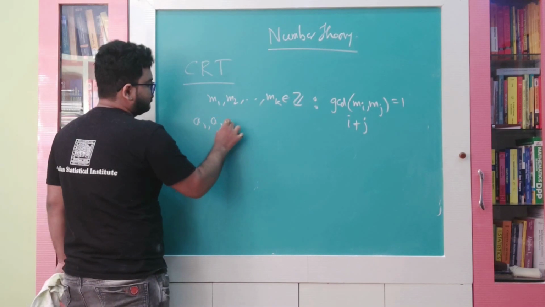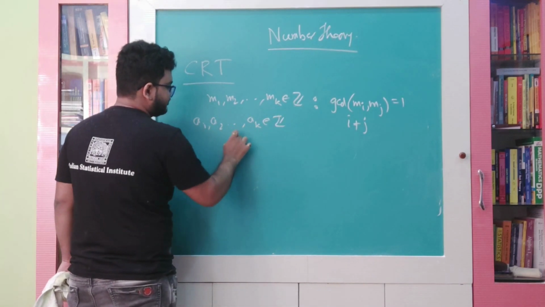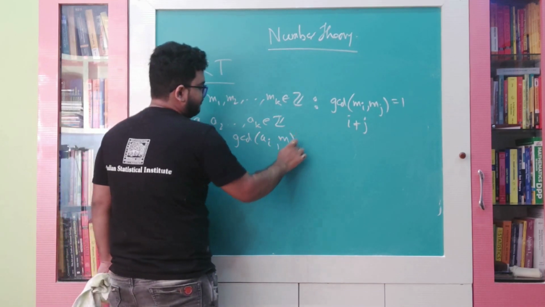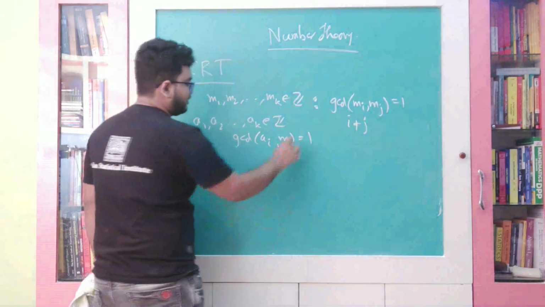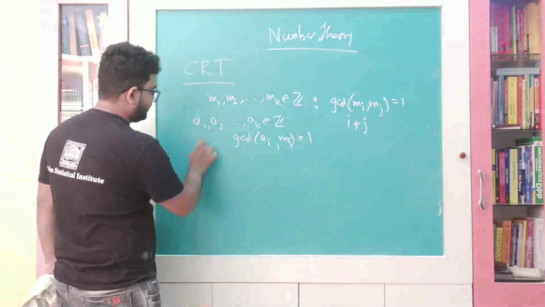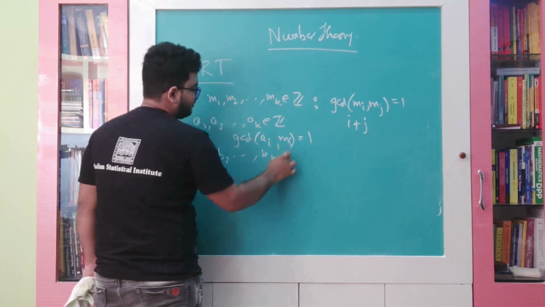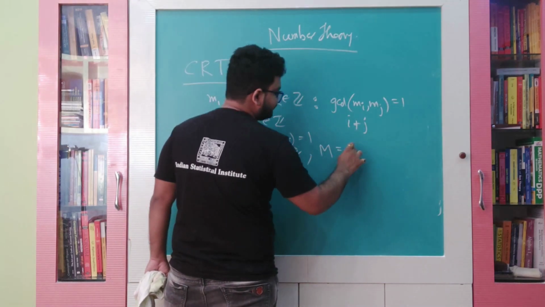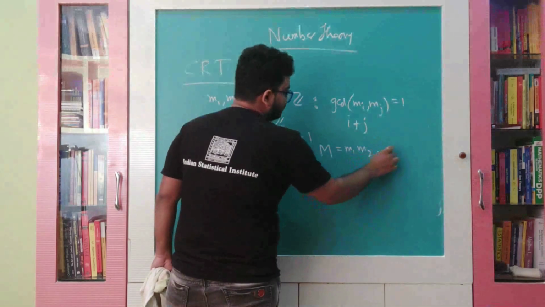A1, A2, Ak belong to the integers with gcd of Ai and Mi equals 1, and B1, B2, Bk belong to the integers, and M equals the product of M1, M2, Mk.